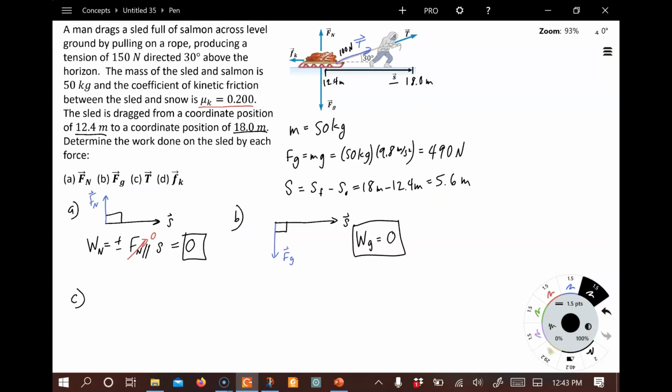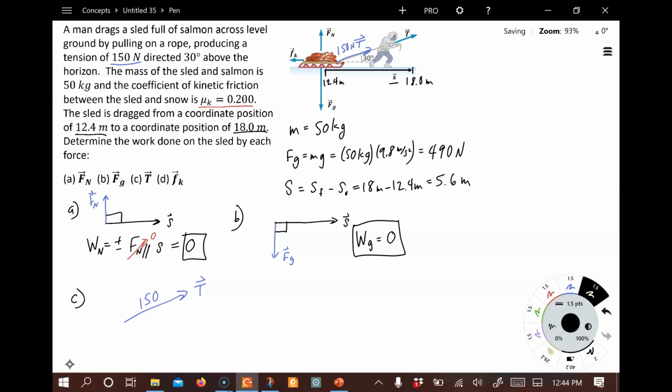This is the work done by the tension force. Again, draw the tension force. There it is. We know it's got a magnitude of 100 newtons. No, I wrote that wrong. Not 100 newtons. Should be 150 newtons. So let's go ahead and update this little bit over here. This is 150 newtons.